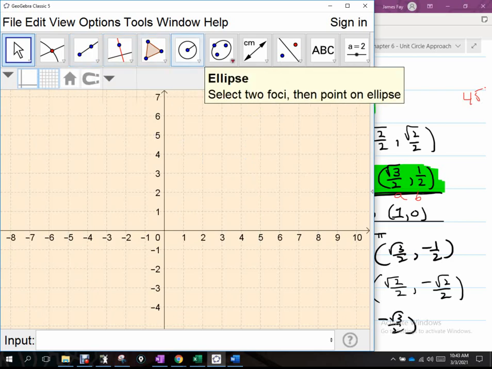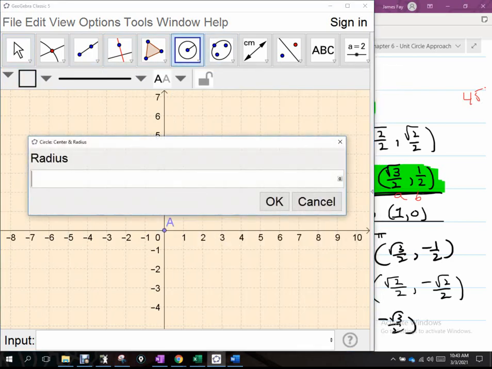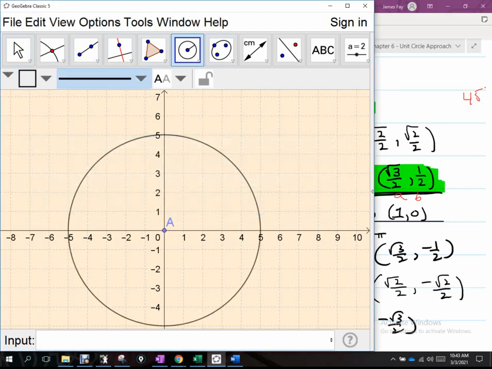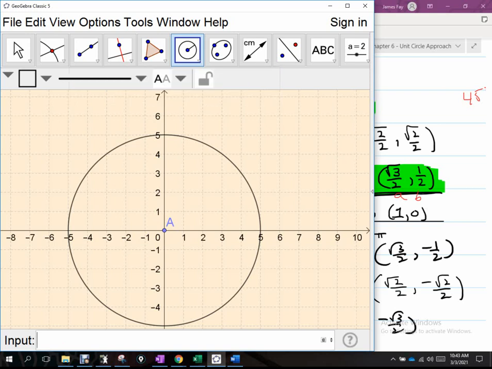I'm going to start with a circle of a radius of 5. Okay. And I'm going to put a point, just to make things easy, at 3, 4. There we go. Put that point there. I'm also going to put a point at 3, 0.